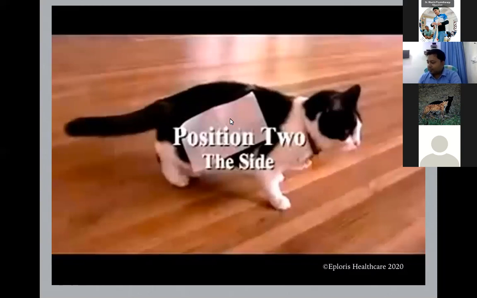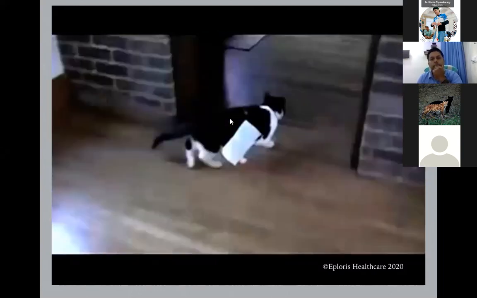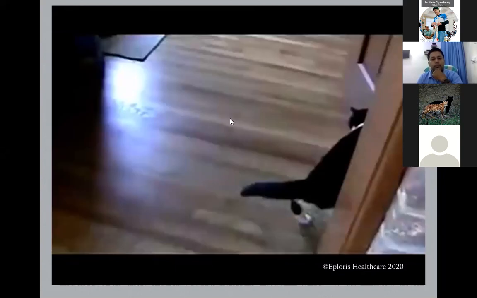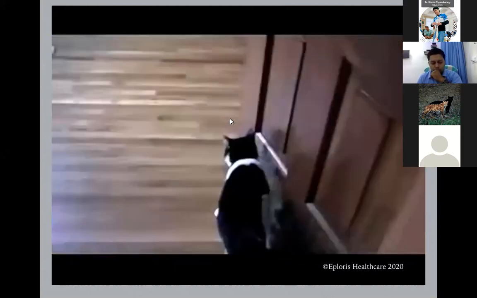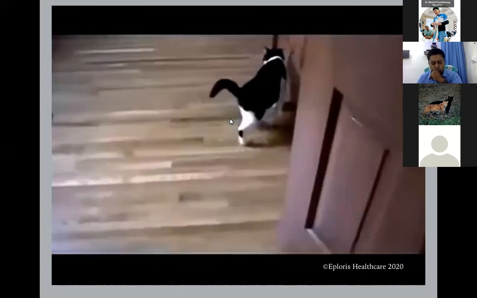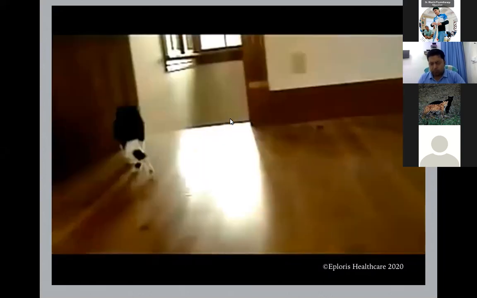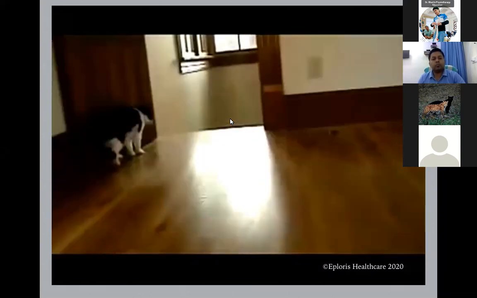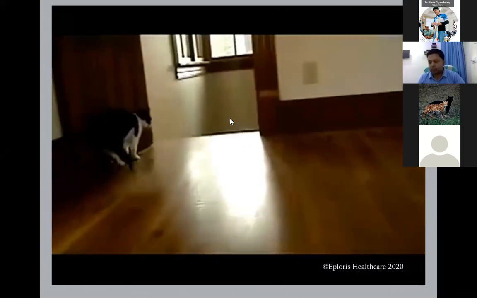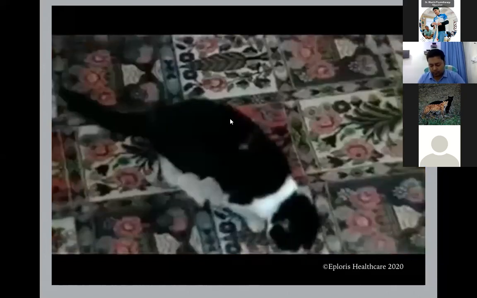Position 2. The cat showed the same reaction to the tape on their side. Initially, the cat went in the opposite direction of the side the tape was placed on. From the tape. This cat was aware of the tape on its side and tried to hide it by walking against the wall. She also removed the tape at the bottom of the stairs.